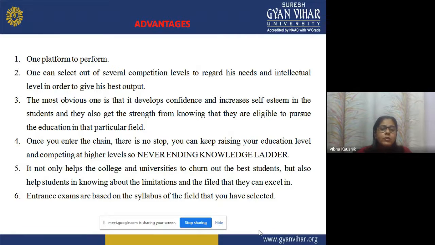The most obvious one is that it develops confidence. Entrance exams develop confidence among the learners and increase self-esteem. It will increase their self-esteem, meaning they will be able to know the positive and negative qualities of their personality, and they also get strength from knowing that they are eligible to pursue the education in that particular field.